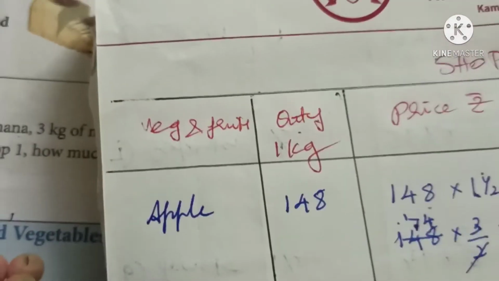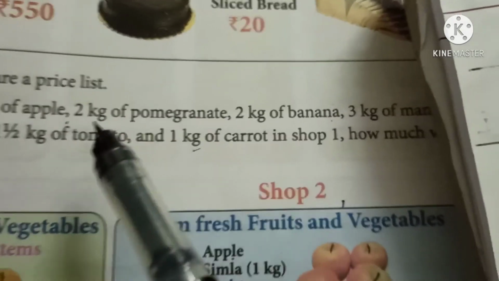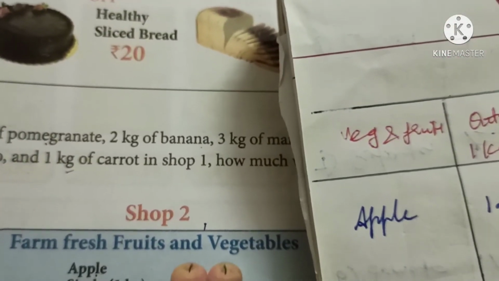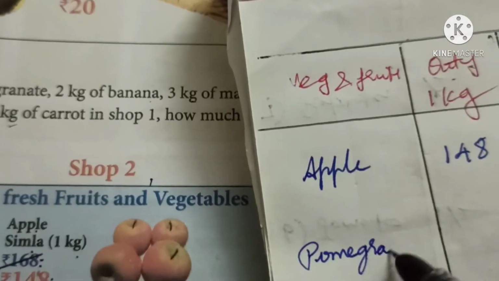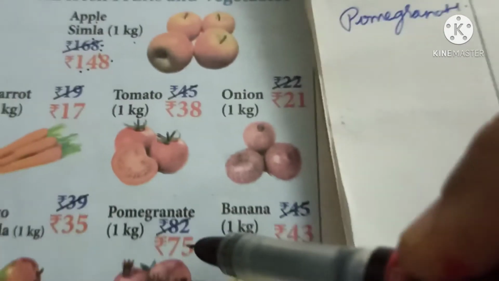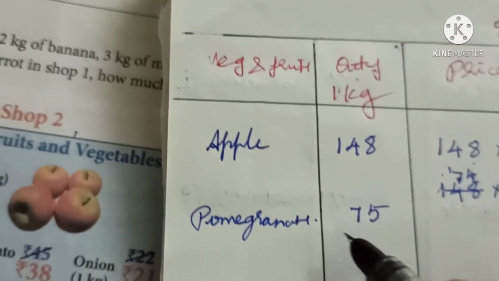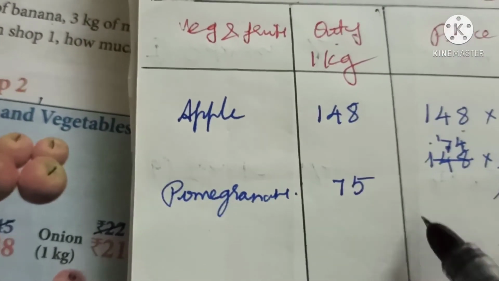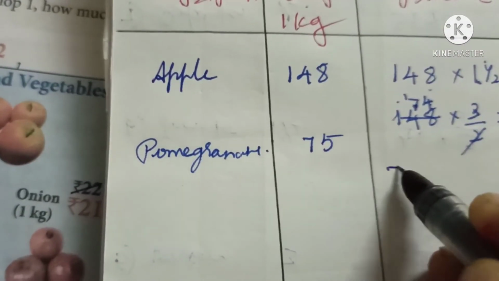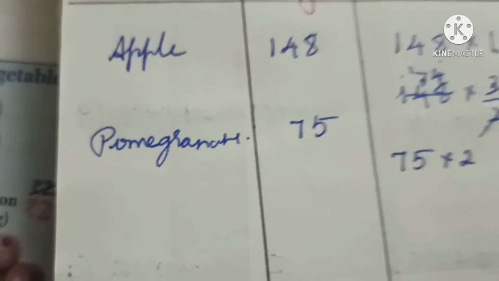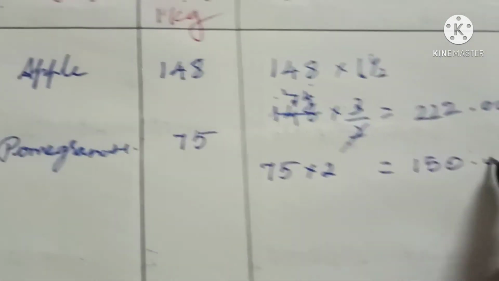And next one is 2 kg of pomegranate. So 1 kg of pomegranate value is 75. Therefore 2 kg is equal to 75 into 2, which is 150.